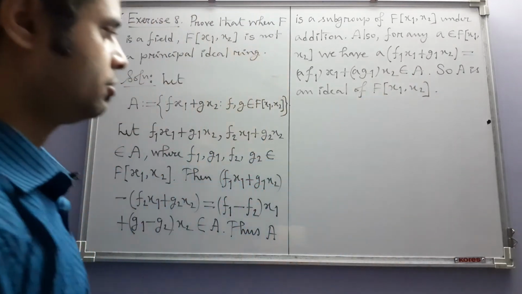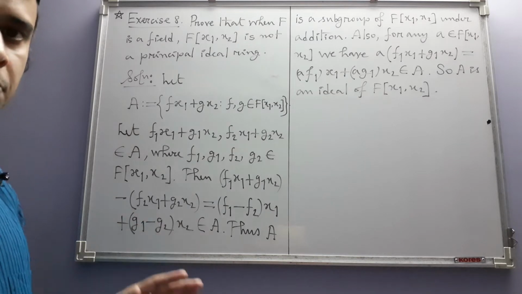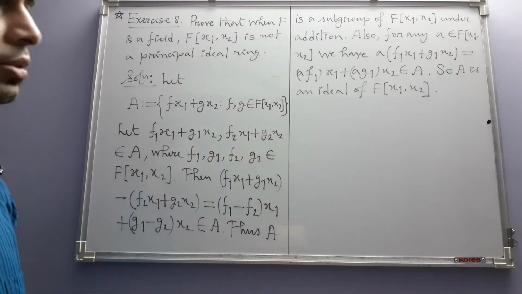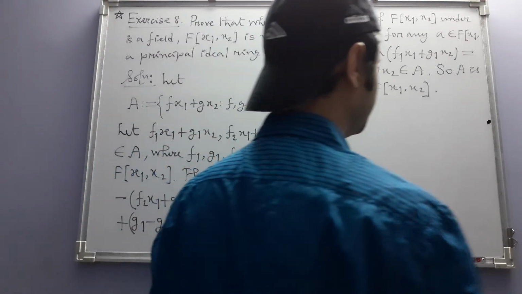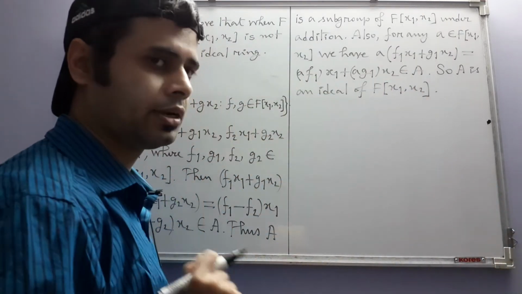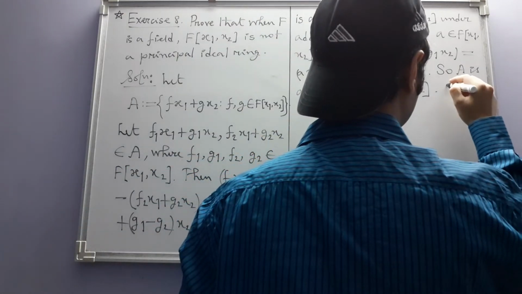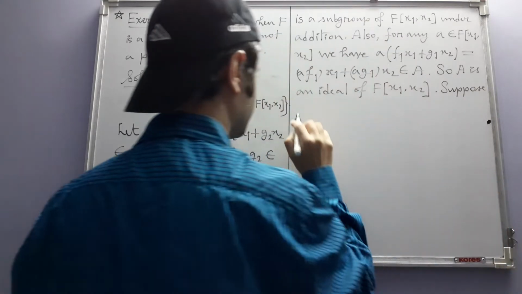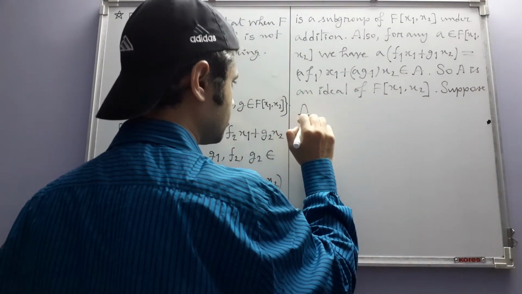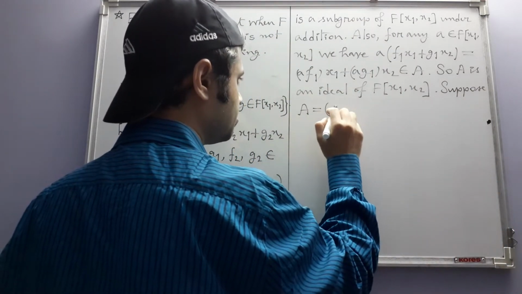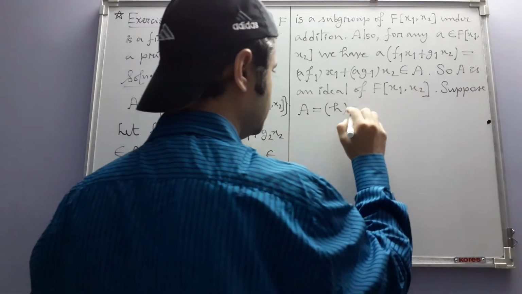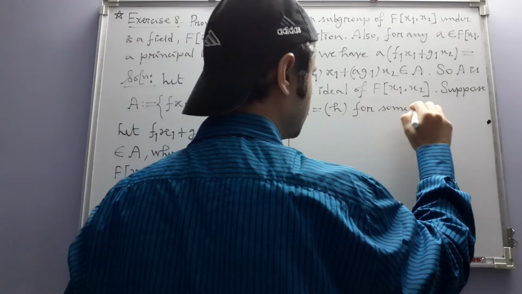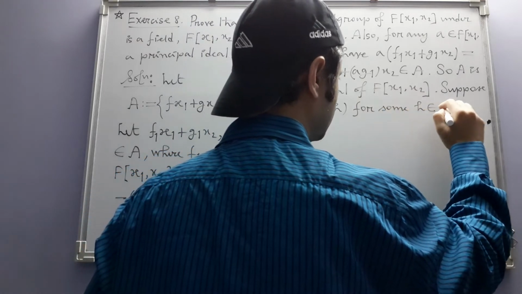We now aim to show that this A is not a principal ideal. It cannot be generated by a single element in this ring. Contrary to that, we will suppose that that is actually the case. Suppose A is the principal ideal generated by h for some element h belonging to the ring.